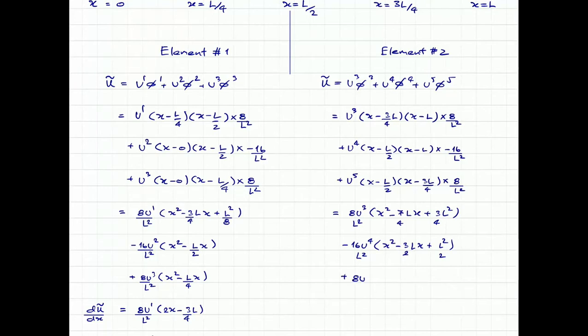Plus 8u5 over L squared times x squared, and 1/2 and 3/4, 3/4 is 2, L over 2 is equal to 2/4, so that's minus 5 over 4 Lx plus 3L squared over 8.